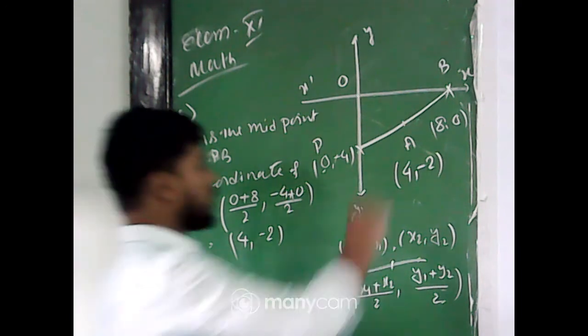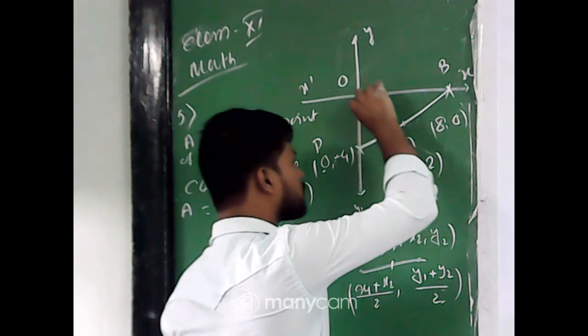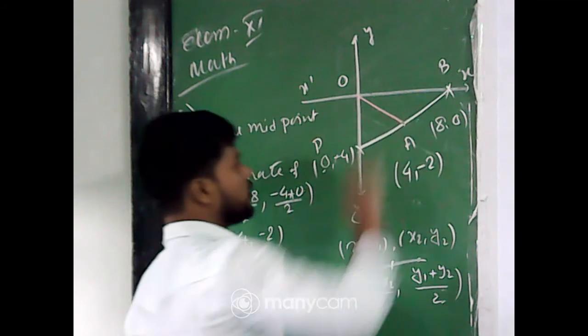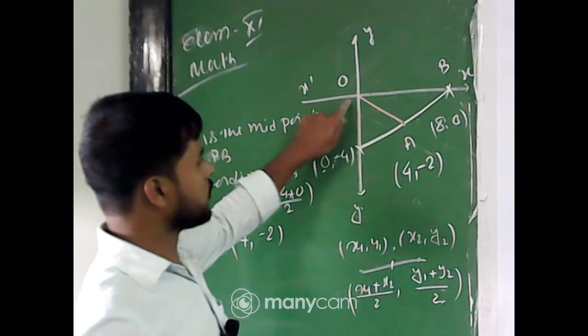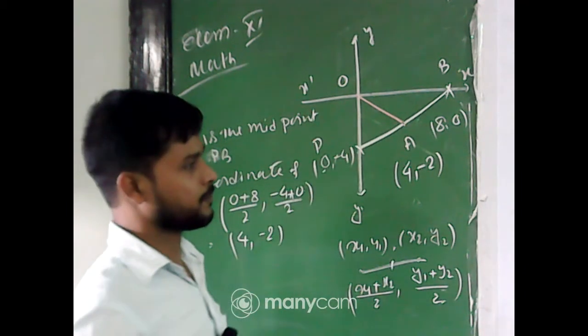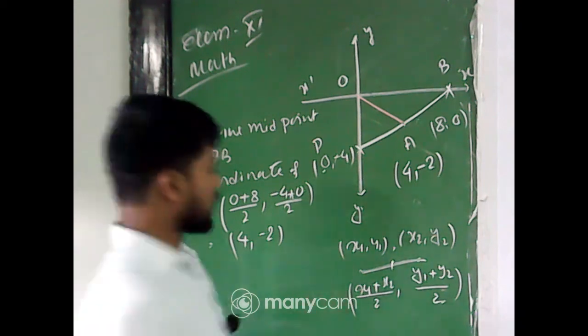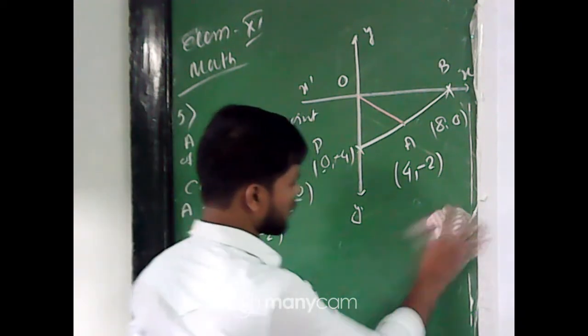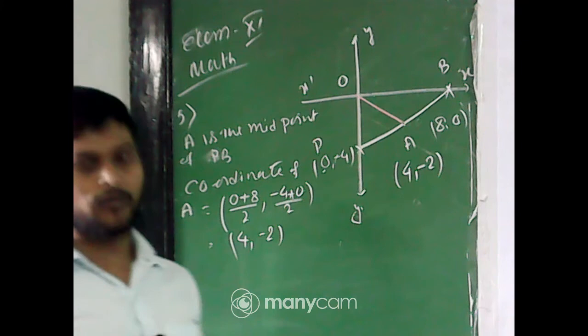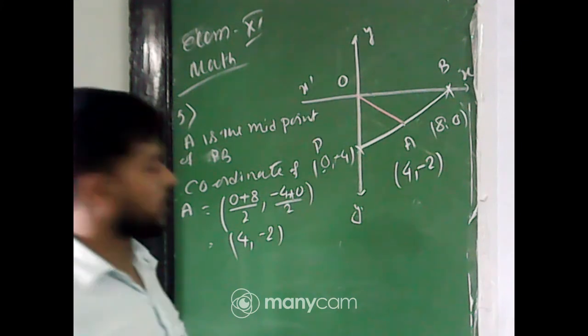But now we have to find the slope of the line OA. OA means the line joining the origin to the midpoint of PB. Now it has a formula. How to find the slope of a line joining any 2 points?